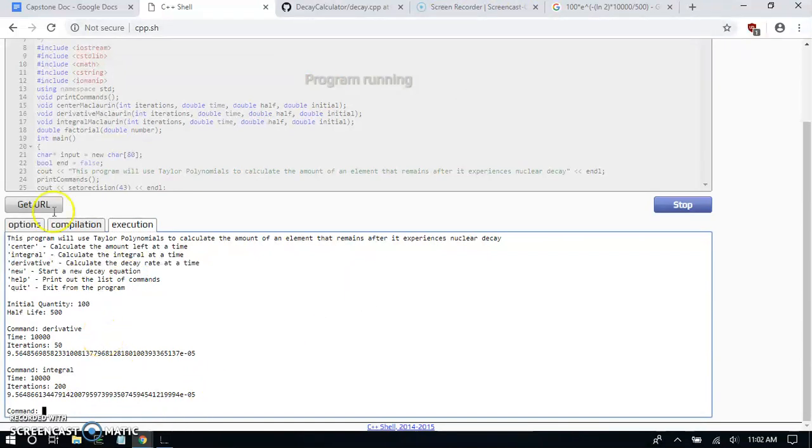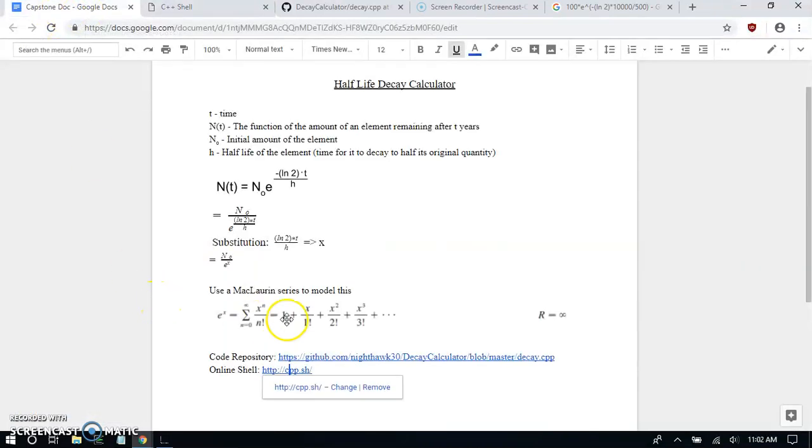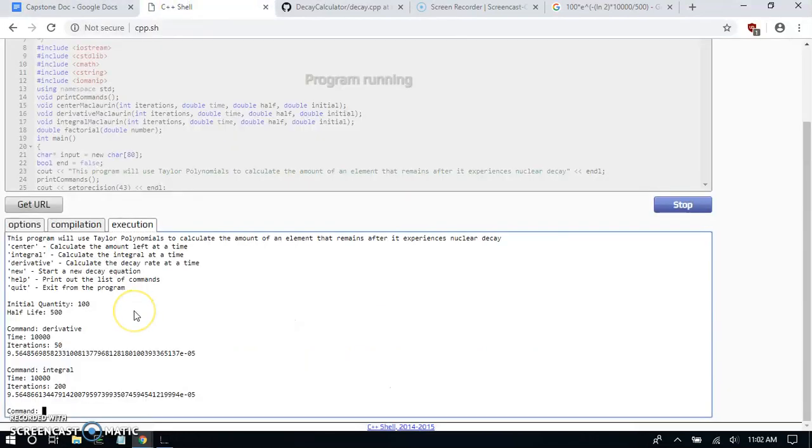And so the only difference between the derivative, integral, and center is that they are shifted. So it might exclude the one or include an extra amount. But since you have so many degrees, the effect that has on the actual value decreases over time.